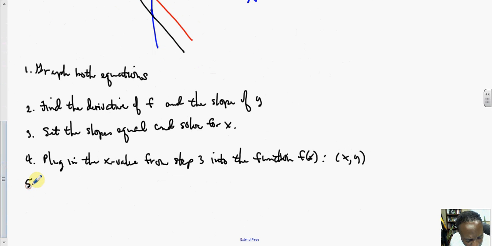And then number 5, now after you do that, you want to use the point slope equation to find the equation of the line.